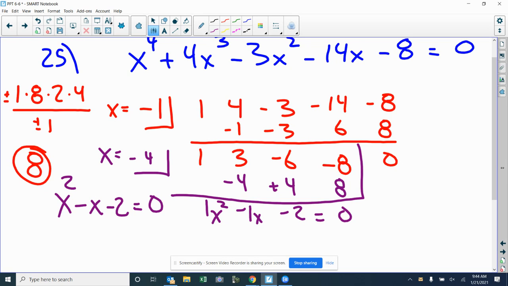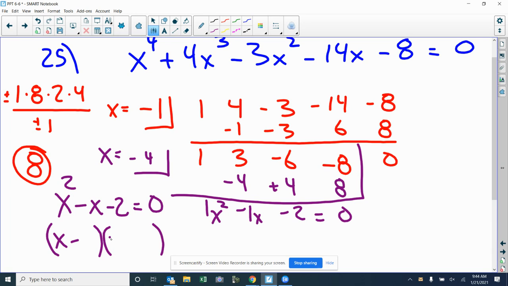Now, quadratic formula, complete the square, or if you think it factors. Believe it or not, this one does factor. There are factors of 2 with a difference of 1. Factors of 2 with a difference of 1 would be 2 and 1. So this guy does factor.